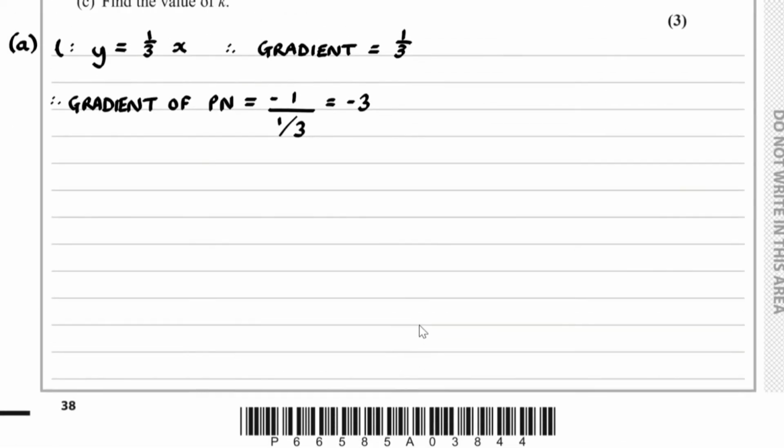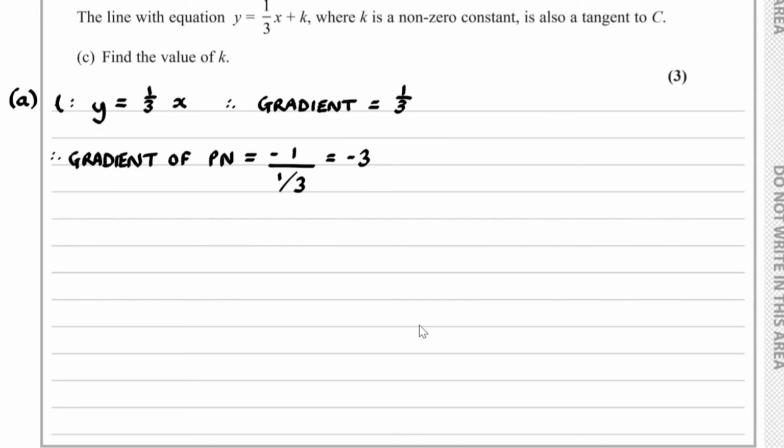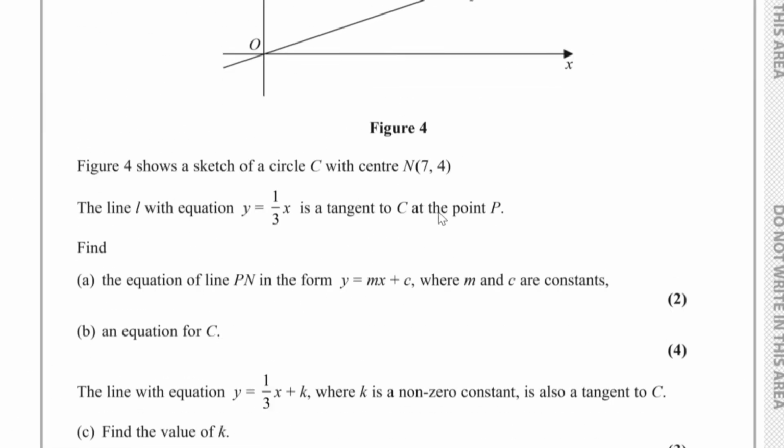And so using y minus y1 equals m lots of x minus x1, we have y minus, well, it passes through the point 7, 4.